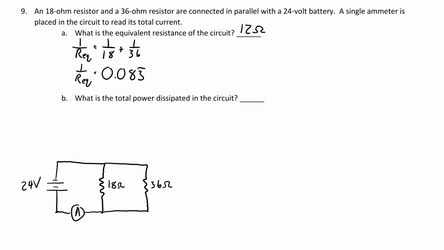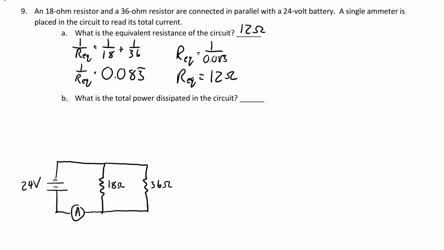And then you have to take the inverse, or you could cross multiply and solve if you want. But Req is going to be equal to 1 over that weird number with the repeating decimal, and you'll still get 12 ohms. So either way you want to do it, you could either do the fractions or just plug it in your calculator and deal with the decimal.